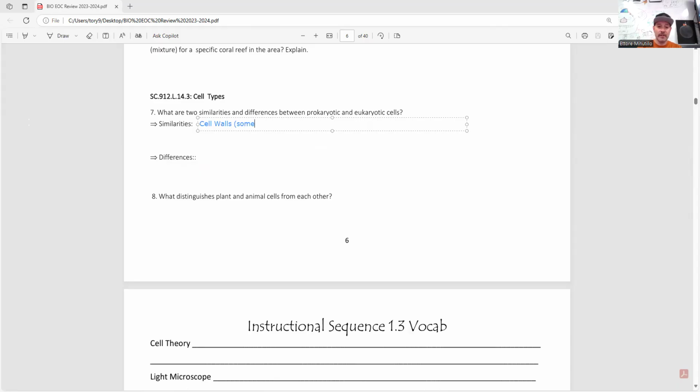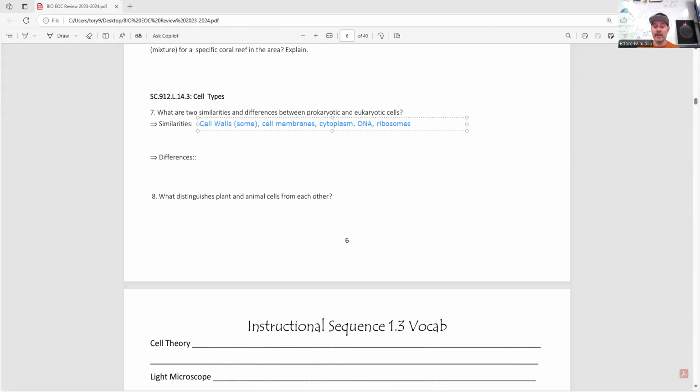And in parentheses, I'm going to put some, because animals don't have cell walls, but plants do, fungi do, bacteria do, archaea do. Lots of cell walls in our types of cells here. Cell membranes in everybody. Cytoplasm. DNA. Ribosomes.